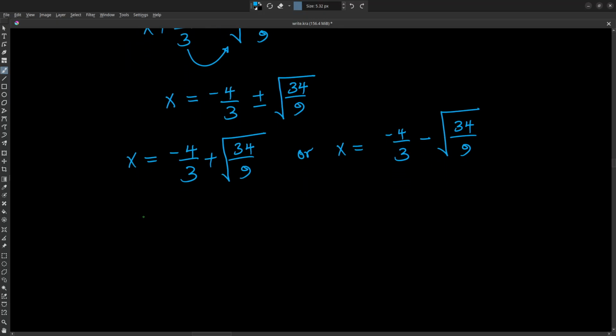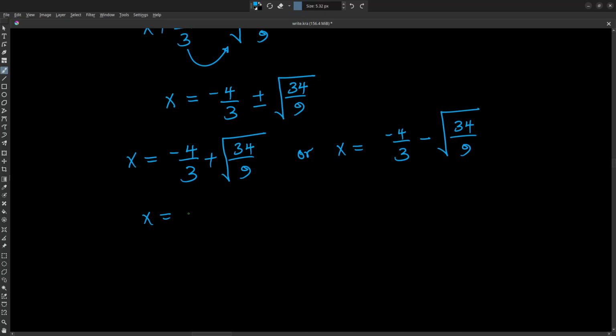So I'll use my calculator to get these values. The first one is negative 4 out of 3 plus the square root of 34 divided by 9.